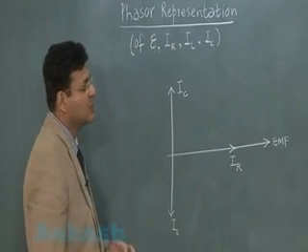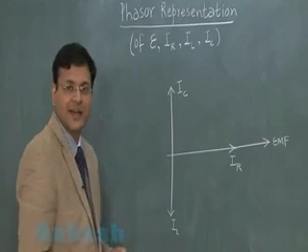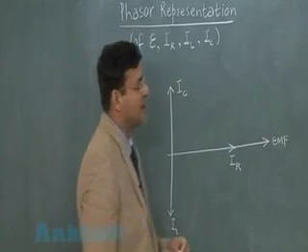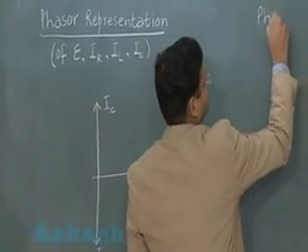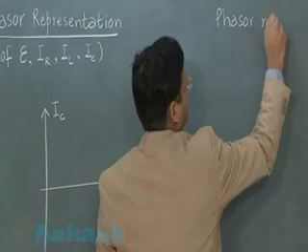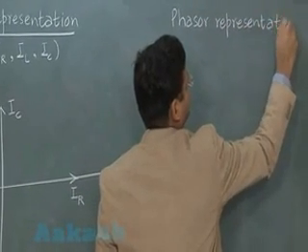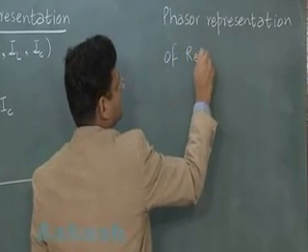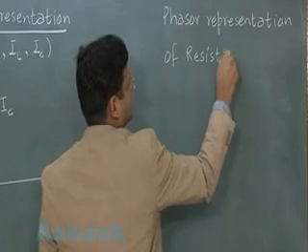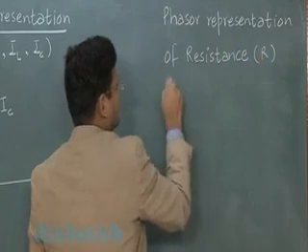But in case you try to show them in terms of their reactance, that will be represented this way. Phasor representation of resistance R and reactance.